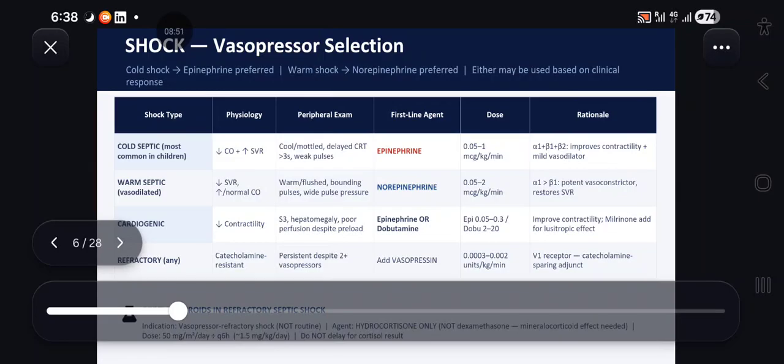And here the vasopressin dose is by unit, not by microgram. This is also one of the common mistakes that happen when the physician prescribes the dose of vasopressin. The difference between vasopressin and the other catecholamines is that catecholamines are calculated by microgram, but vasopressin is dosed by unit.